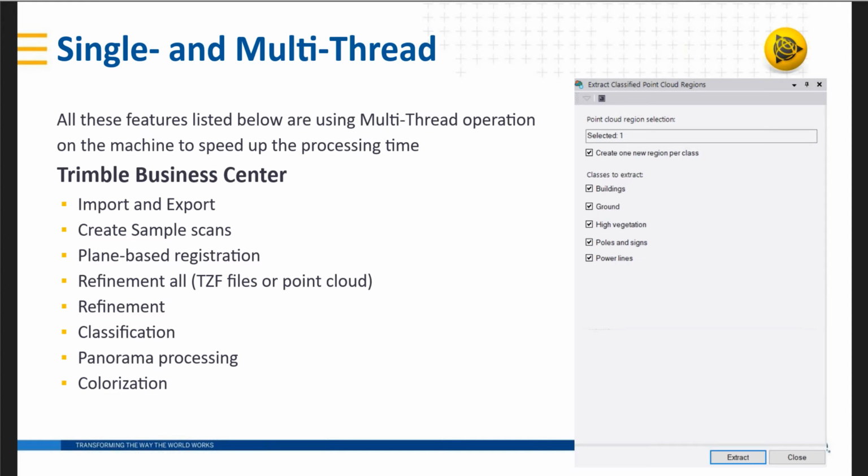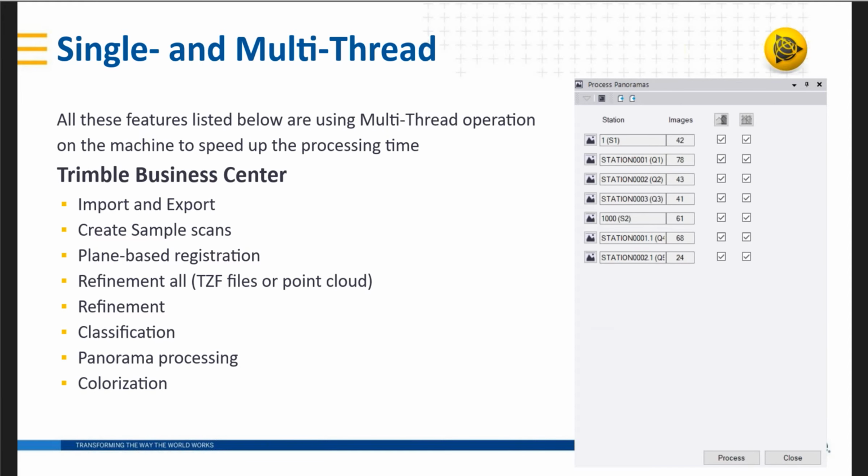So if you're doing a classification from your point cloud, either you want to extract buildings, ground, high vegetation, poles and signs, or power lines, this classification process in TBC is using multi-thread processing. And the last two points are the panorama processing.